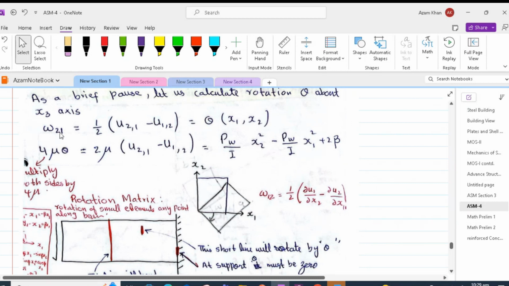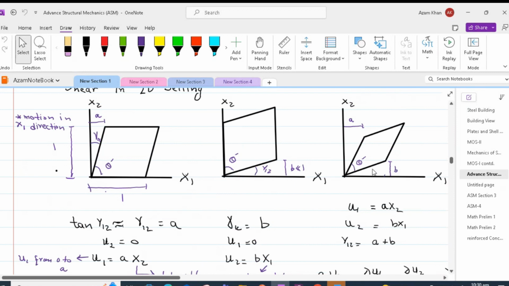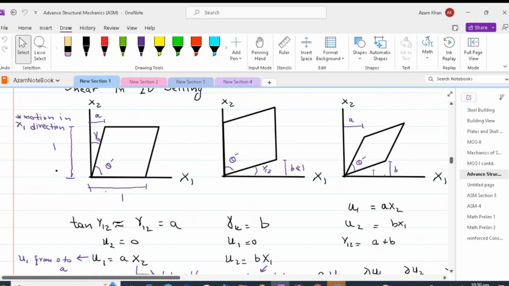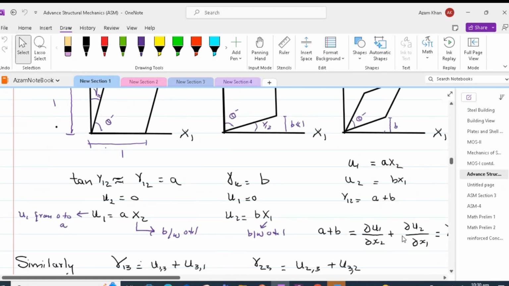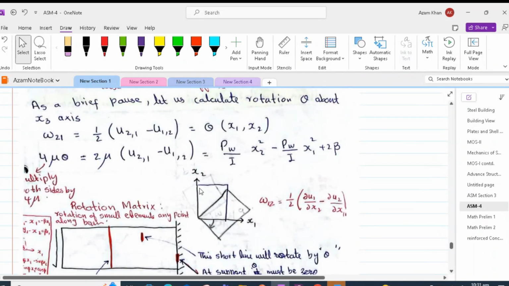In other words, this is a definition of rotation. If our rotations are getting added to each other, then that's a shear strain. But if they are getting subtracted from each other, then that's a rotation. In this case, we have this box just rotating about a certain point. Therefore, one of the rotations is getting subtracted from the other rotation.